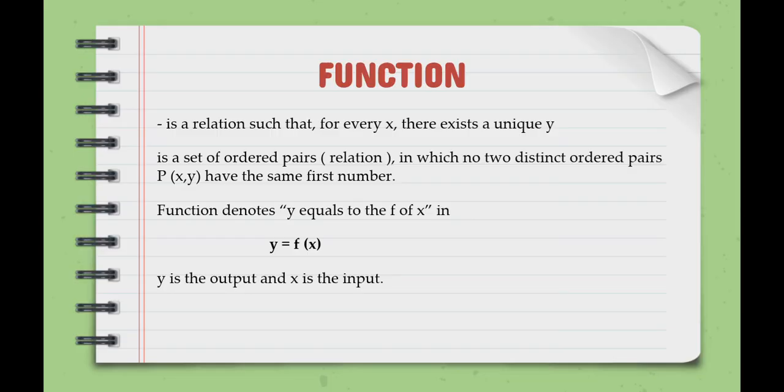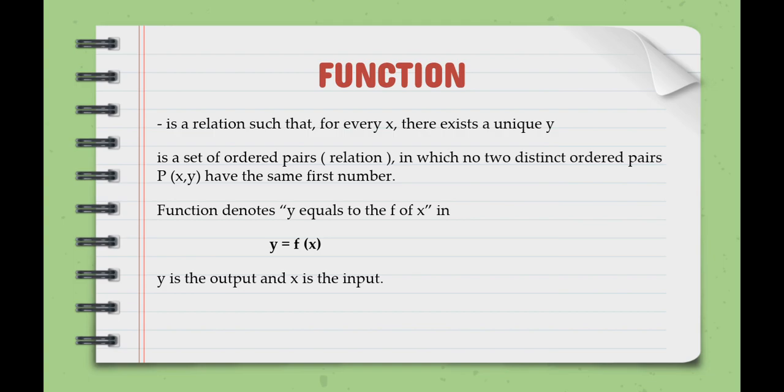So, dahil nalaman po natin ang given ng relation, alamin na po natin ano ba ang kahulugan ng function. Function is a relation such that for every x, there exists a unique y. Is a set of ordered pairs or relation in which no two distinct ordered pairs, point x and y coordinate, have the same first number. Ibig sabihin lamang po niyan, sa given relation, matatawag natin siyang function kapag independent po ang kanilang value ng x or tinatawag nating domain.